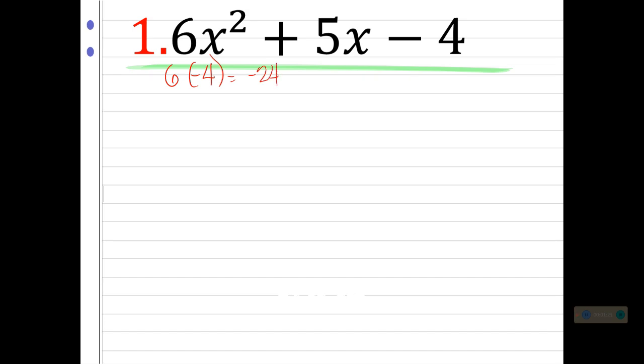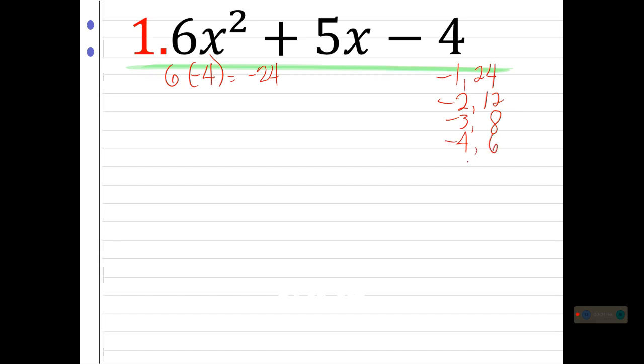Then, find the pair of factors whose product is the number obtained in step 1, negative 24, and whose sum is the coefficient of x, the middle term. So your sum should be 5. The factors of negative 24 are negative 1 times 24, negative 2 times 12, negative 3 times 8, and negative 4 times 6.